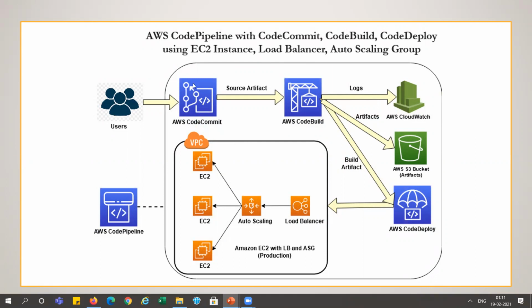When the user checks in the code in AWS CodeCommit, the source artifact is received by AWS CodeBuild, and this artifact is used by AWS CodeDeploy, and CodeDeploy will deploy this code to the load balancer.